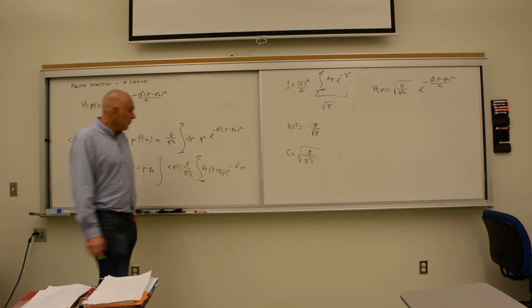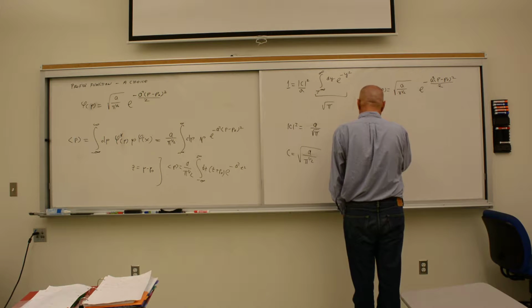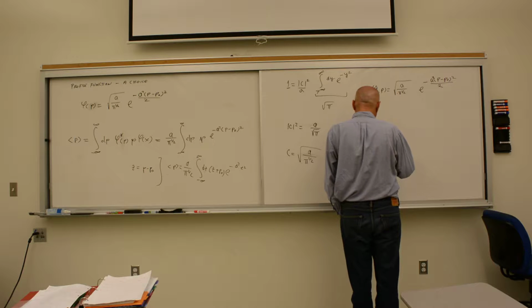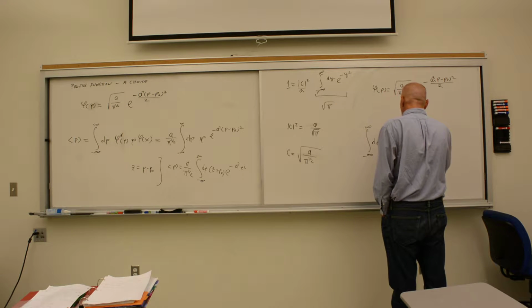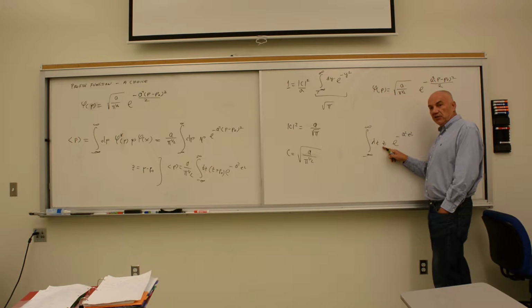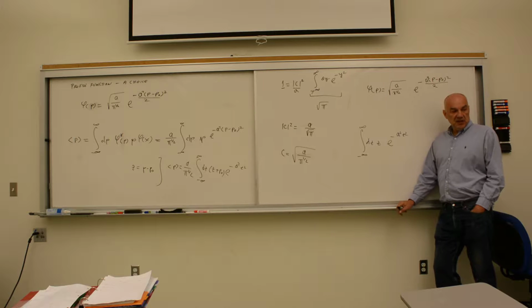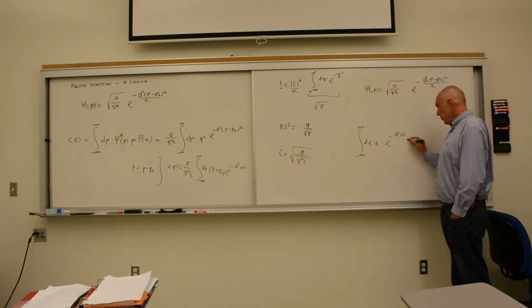Now the integral involving z itself is a product of an odd function and an even function over the interval, so this is 0.